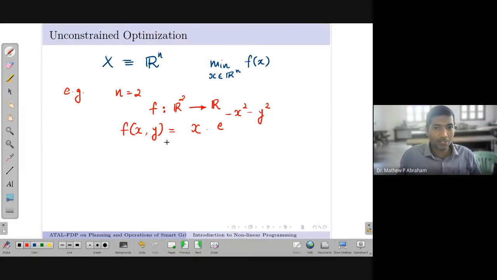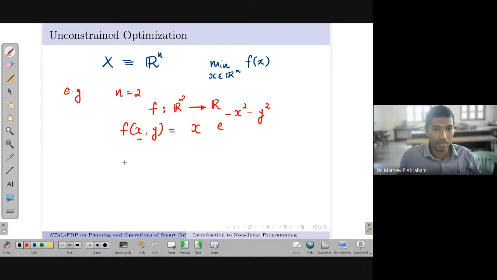This is a function in two-dimensional space, and I am not putting any constraint on this objective function. There are two variables, x and y, and both appear in this objective function. Now, how to find the solution?